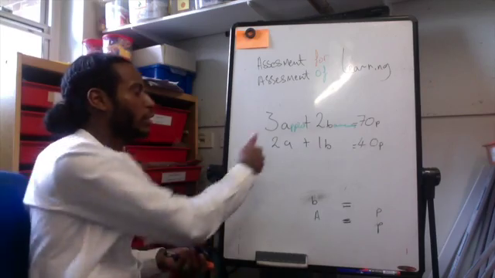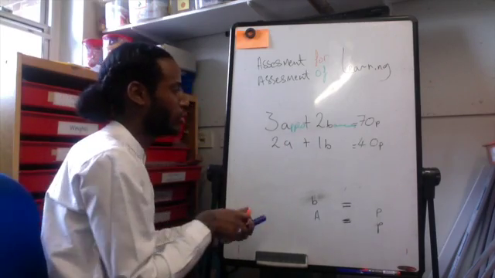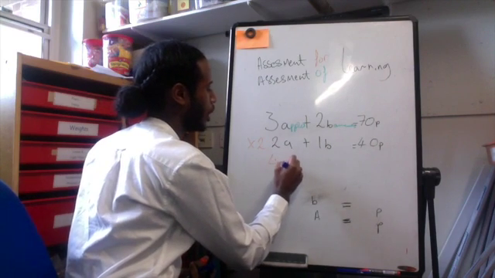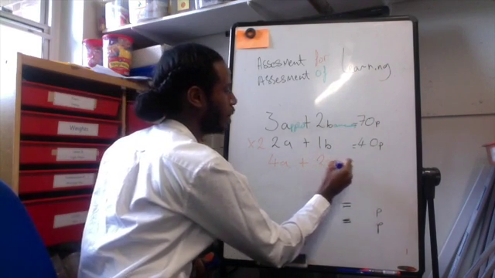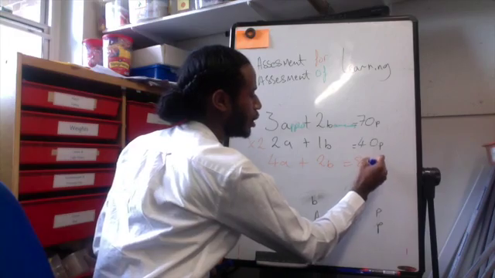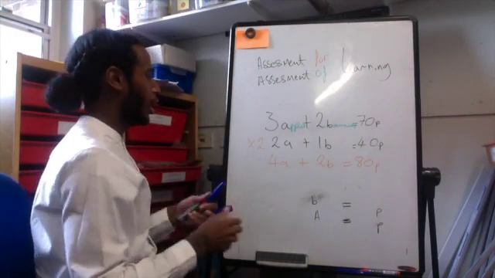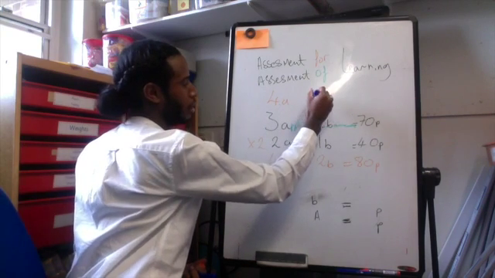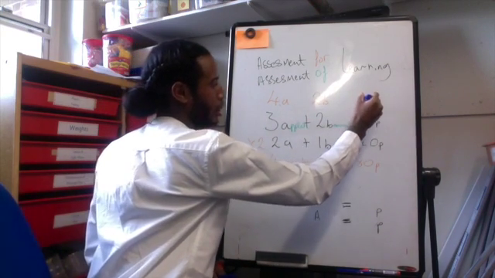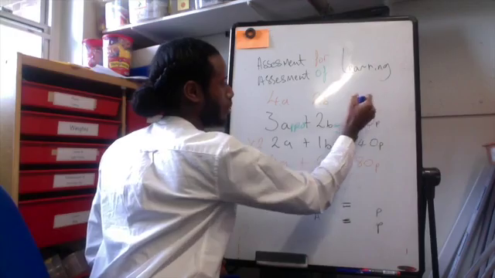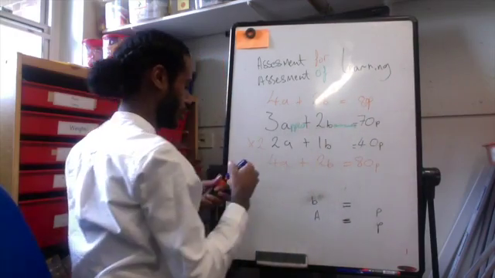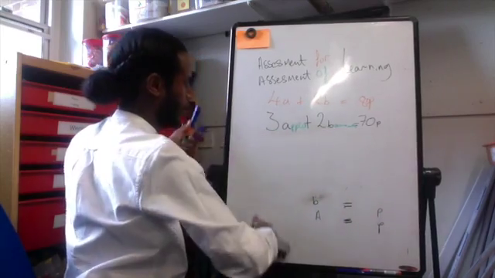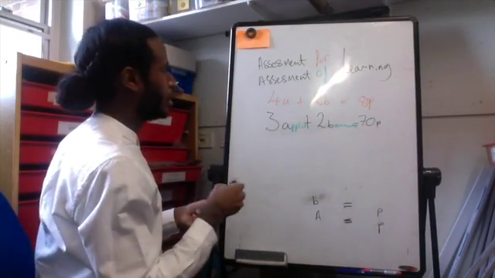So obviously they don't match, so we have to make them match, and to do that I would times this whole equation by 2, so that would become 4a plus 2b equals 80p. And then what I would do is place it on top of here, 4a, 2b, 80p, equals, plus, and then I would start to eliminate.